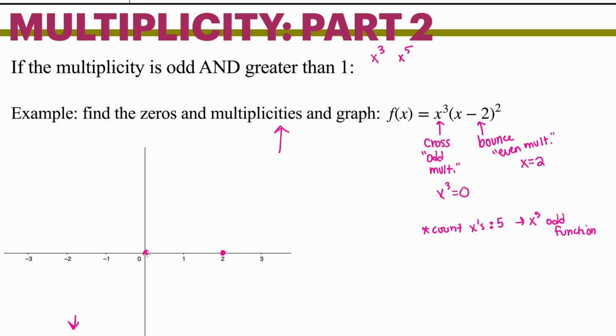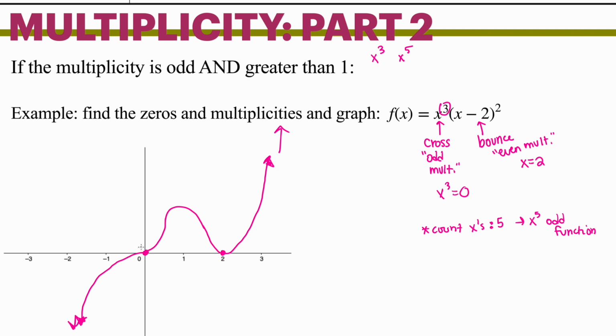When it's heading to 0, we know it's going to cross, but because this is a greater multiplicity, here's what happens. It's going to actually approach 0 as if it's going to bounce, but then it's actually going to turn and head in the opposite direction, and then it's going to turn back heading to 2, but at 2 it bounces off and then heads to infinity.